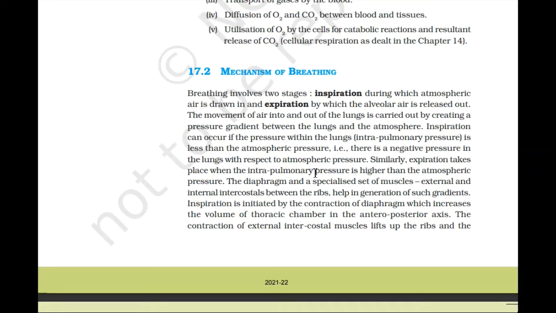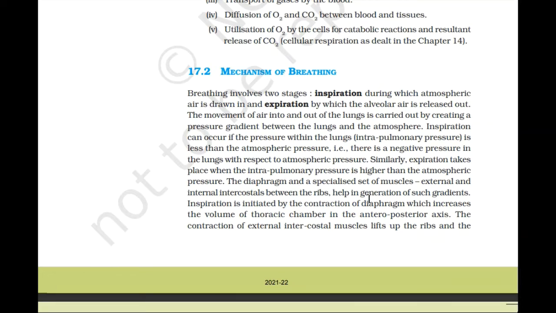This point you have to remember, that inspiration occurs when the intrapulmonary pressure inside the lung is low as compared to the atmosphere. Then the outside air comes inside, and it's called inspiration. Similarly, expiration takes place when the intrapulmonary pressure is higher than the atmospheric pressure.